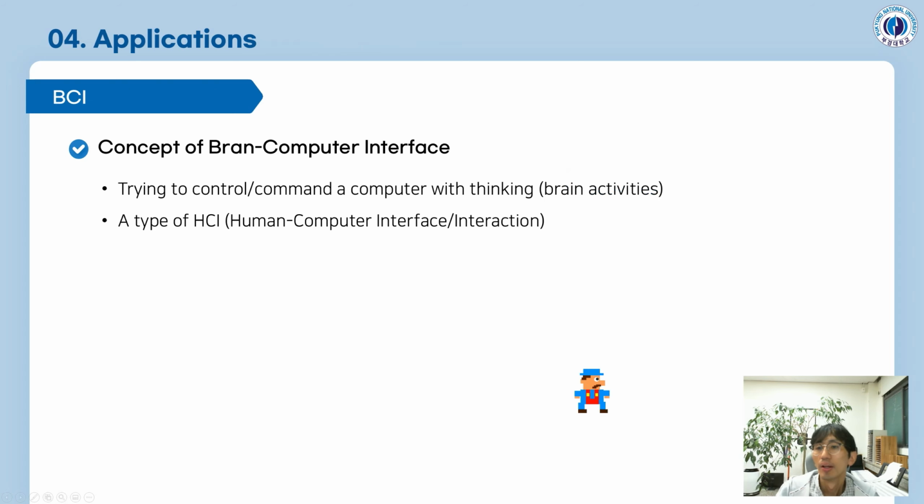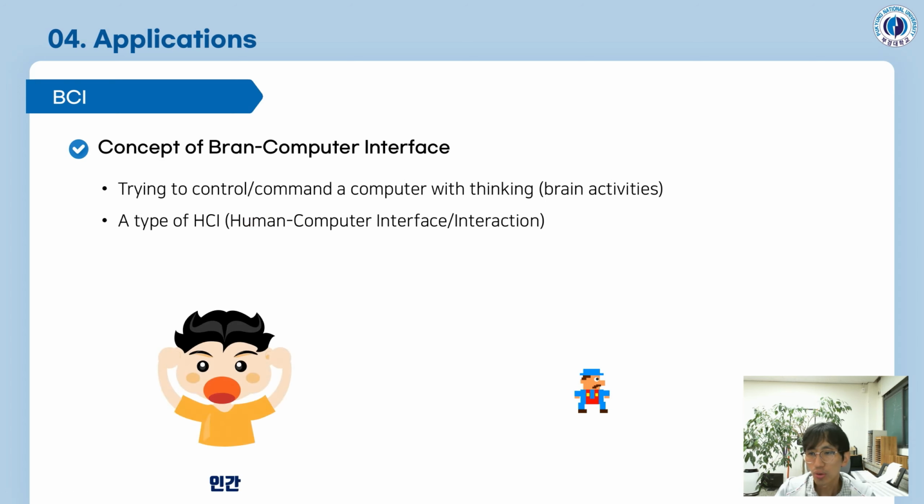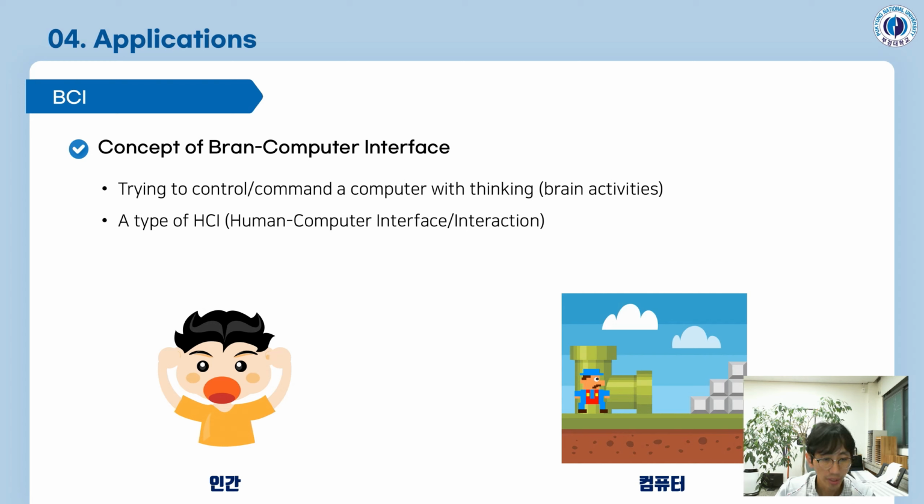Okay, this is almost the end of this presentation, and let me talk about some applications of EEG. The first one is BCI, brain-computer interface. We are trying to control or command a computer with thinking only, with brain activities. Let me assume there is a game, maybe Super Mario or something.